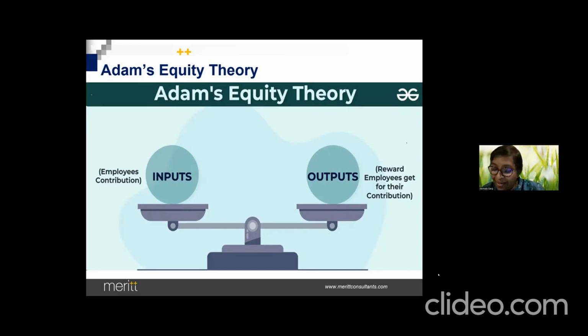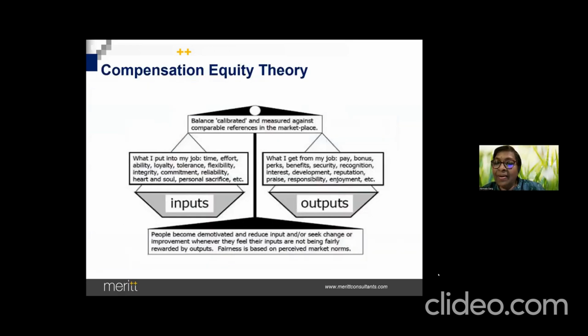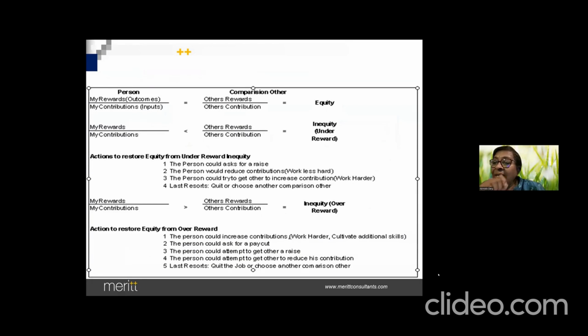So how will I compare? I will compare with somebody within the organization. For example, if Komal is an HR manager, she says, I'm getting X amount of salary for the input I'm giving. So if I compare it with the senior manager, is he getting paid more or less?